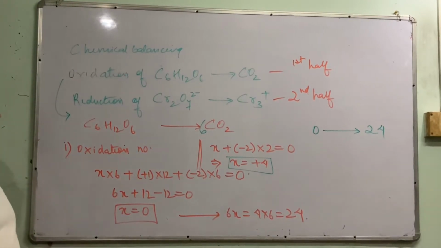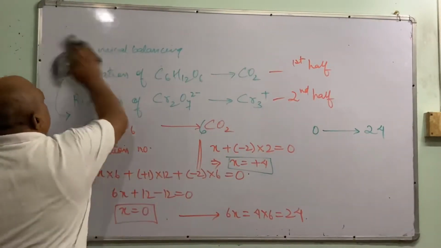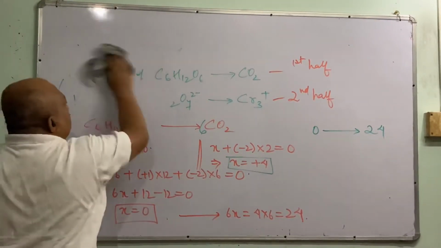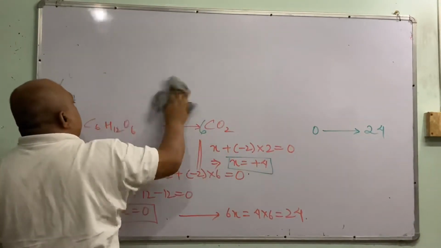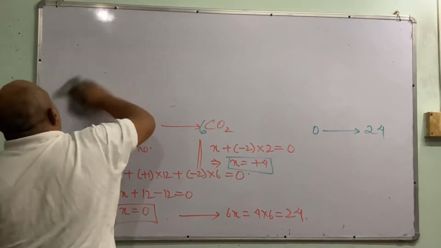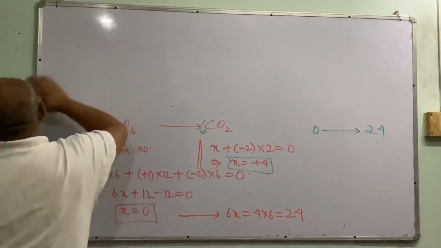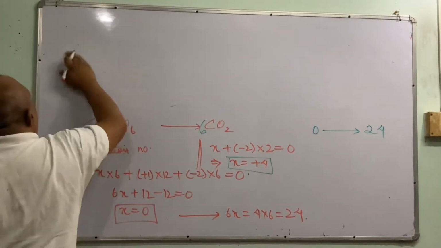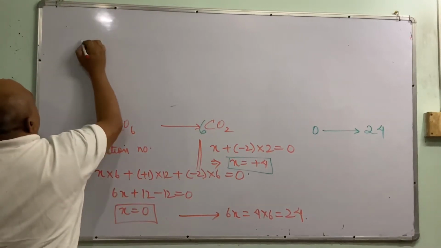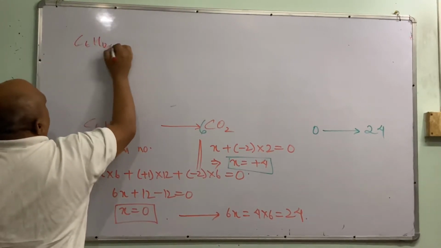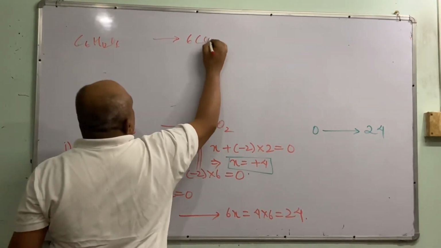Copy down this one. So this equation becomes C6H12O6 going to 6CO2.